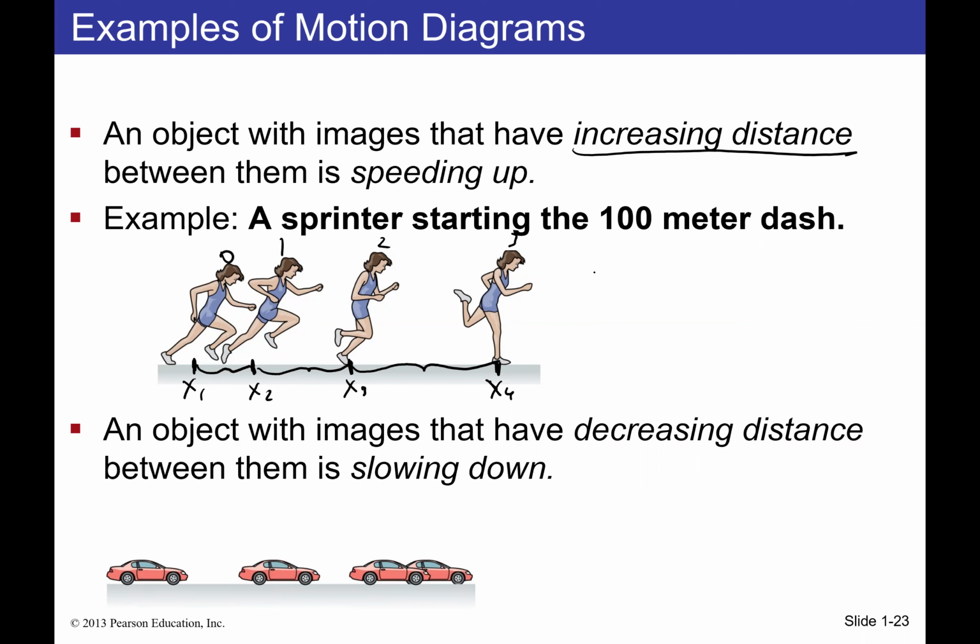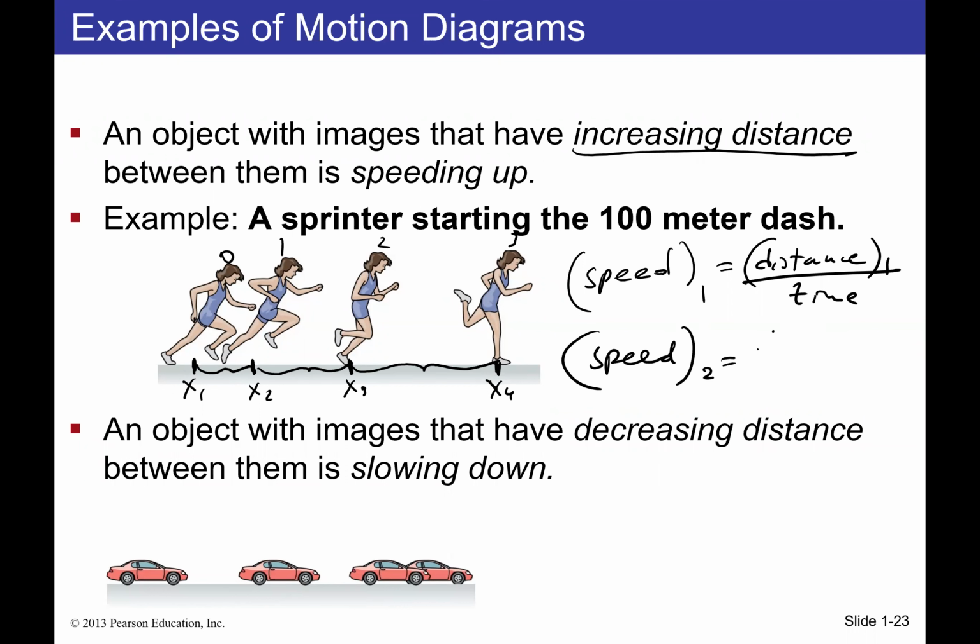So that's why if I look at speed 1, which is basically distance 1 over time, I'm going to get a different number than when I calculate, for example, speed 2, which will be distance 2 over time.